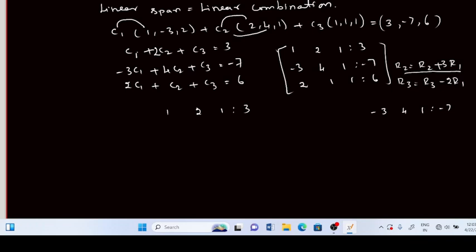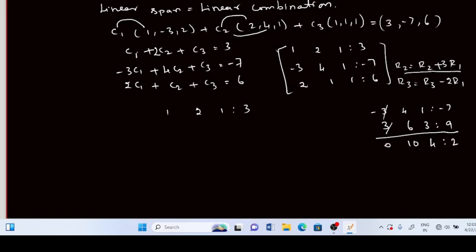The first row's every element is multiplied by 3: 3, 6, 3, 9. Adding, the first term cancels, 6 plus 4 is 10, 3 plus 1 is 4, minus 7 plus 9 is 2.